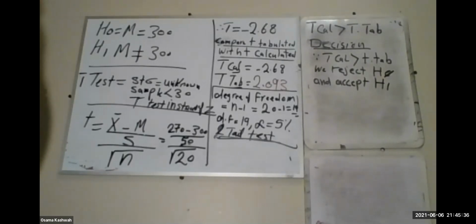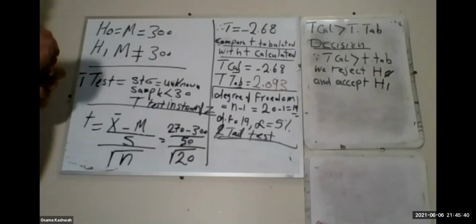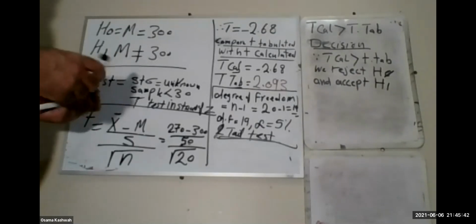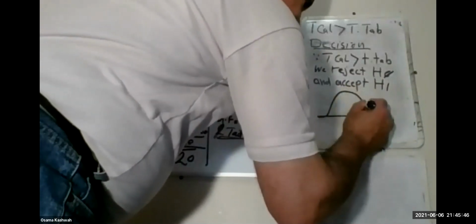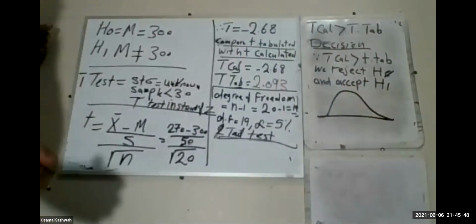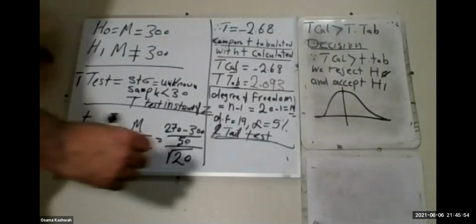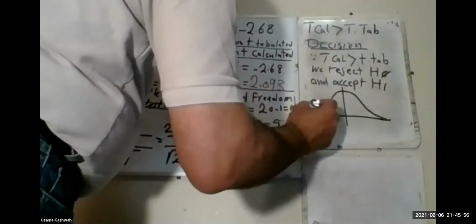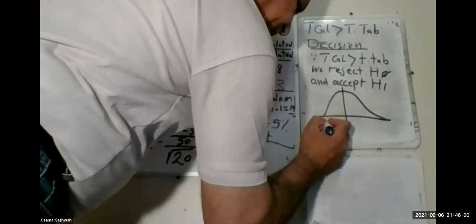And when you want to do this, let me show you something. You will make your graph, and this is the middle, and you have the T calculated, minus 2.68. This is the T calculated here, minus 2.68.